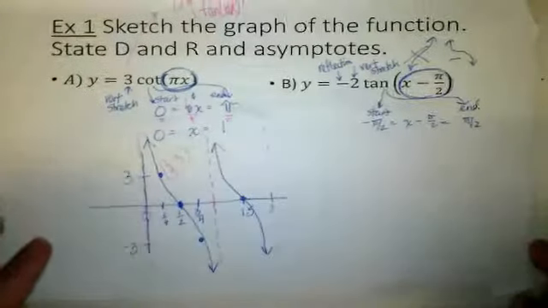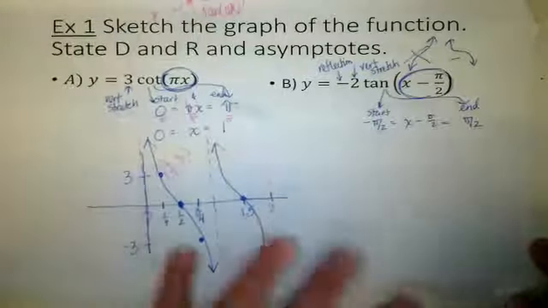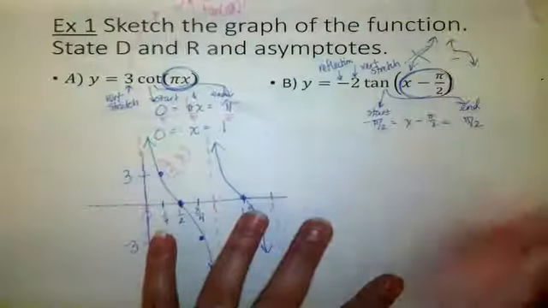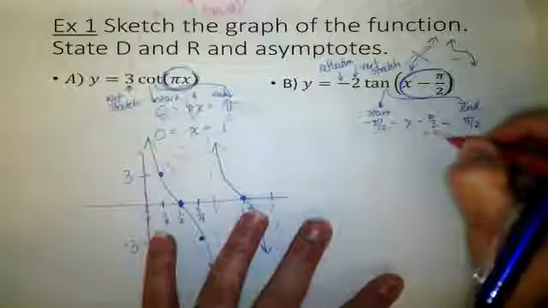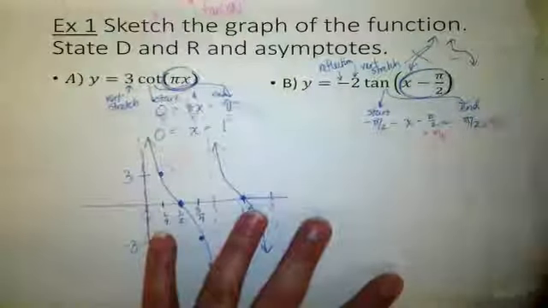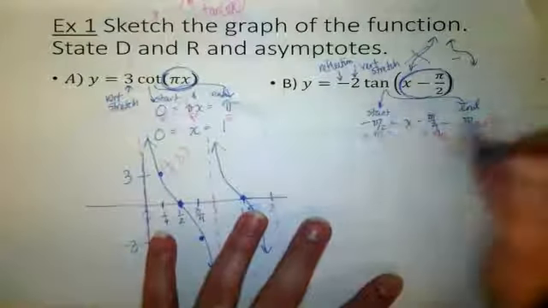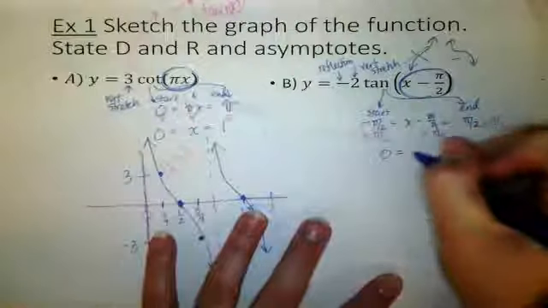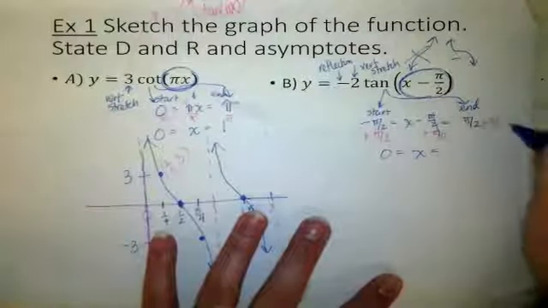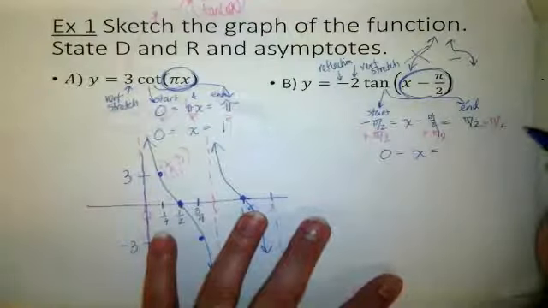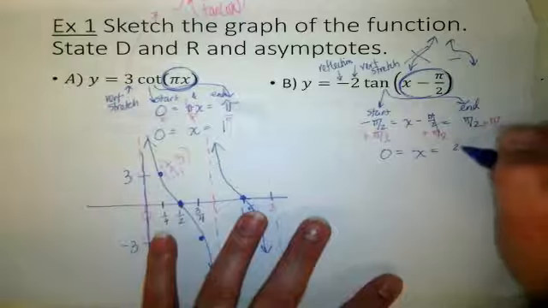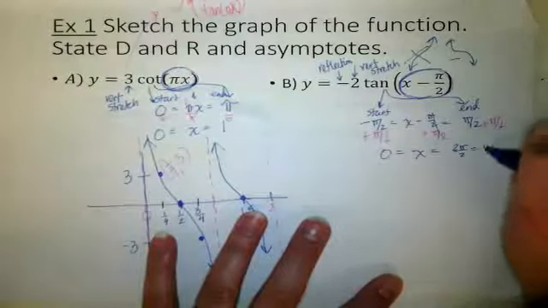So you do have a bit that you need to remember. We're going to go ahead and isolate x and add pi over 2. Negative pi over 2 plus pi over 2 is 0. And pi over 2 plus pi over 2 is 2 pi over 2, which is pi.